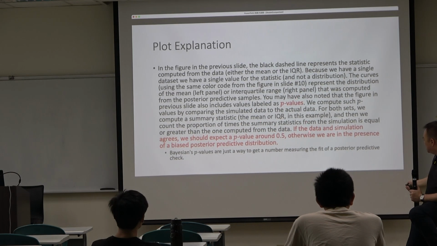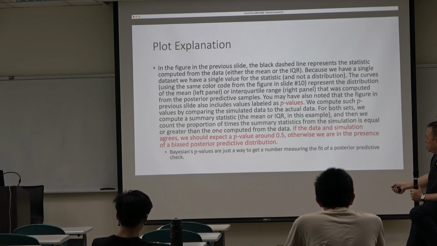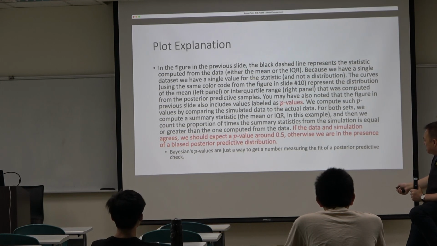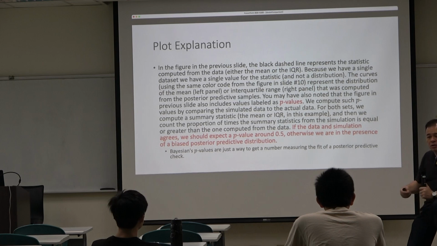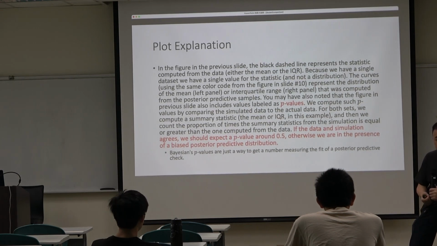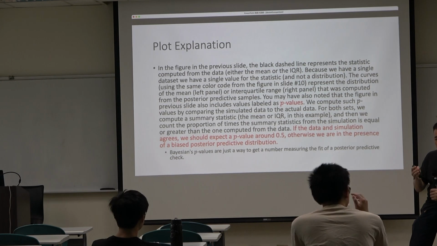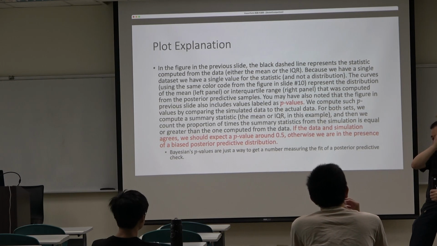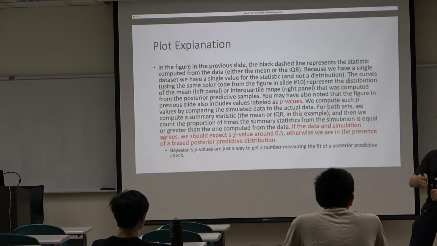If the data and the simulation agree, we should expect this p-value around 0.5. This is a good indication of whether or not your distribution is centered at the right value.